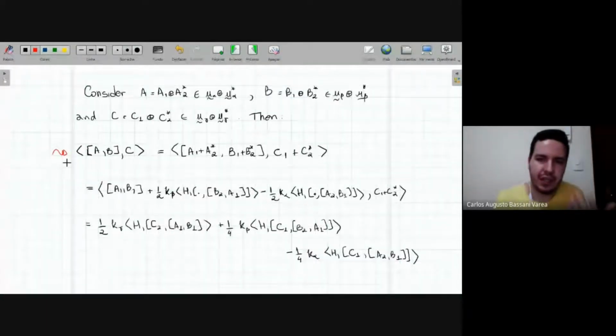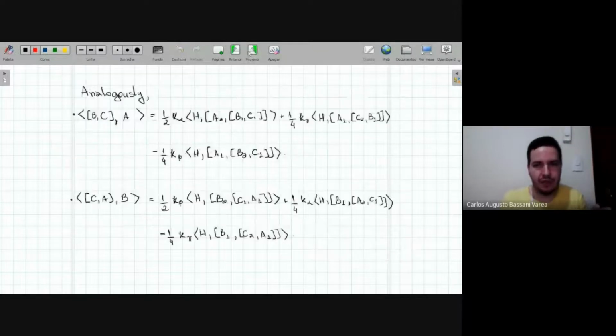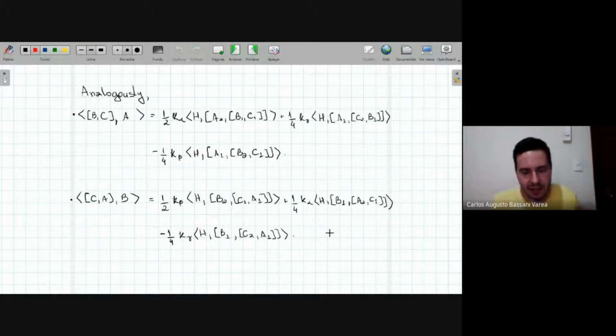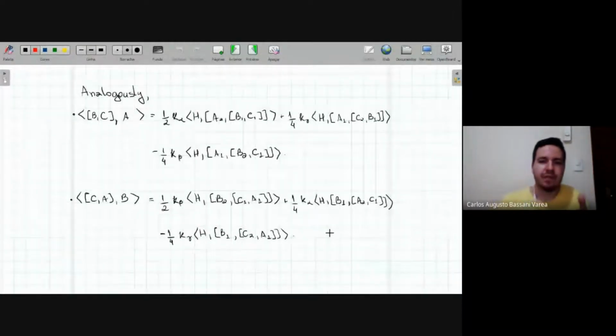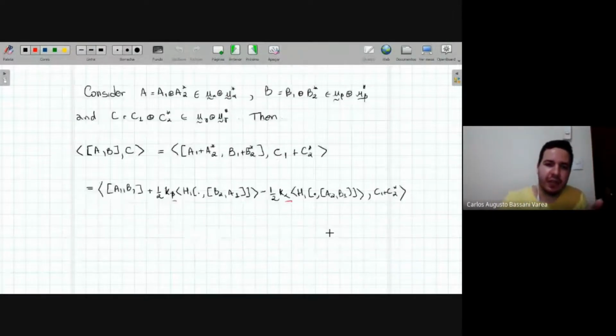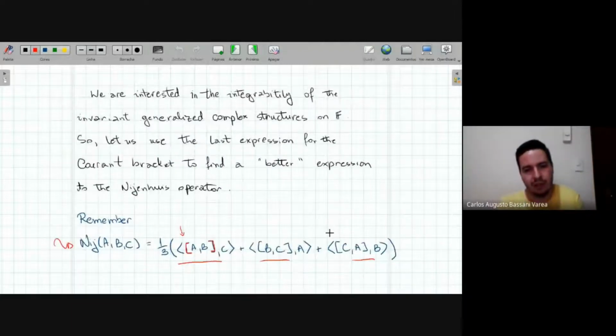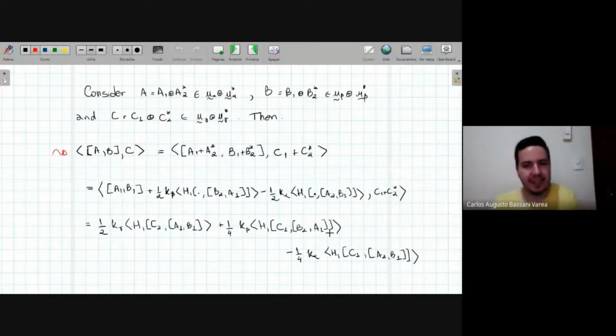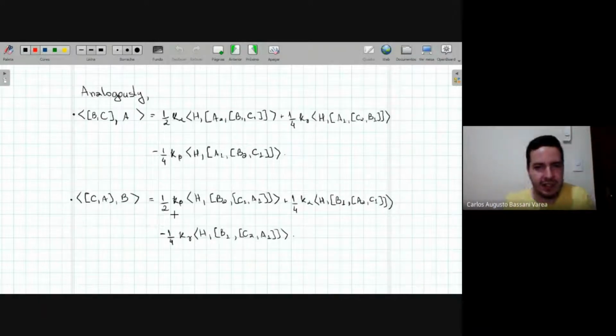And if we replace these identifications in the other two parts, so for the cyclic permutations of these guys, we obtain these other expressions. And then the Nijenhuis operator, remember, is one third times the cyclic permutation of this guy. So it's basically this expression here plus this expression here and here.